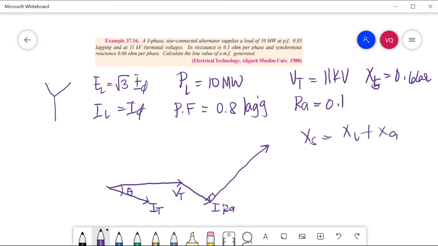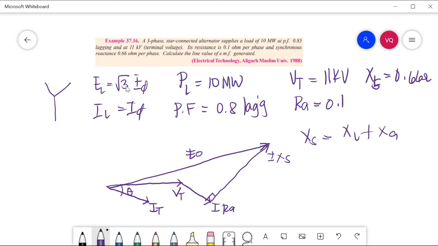As you can see here, it is lagging with respect to our voltage because it is inductive. The sum of terminal voltage plus drop in RA and drop in IXS is equal to your no load voltage.